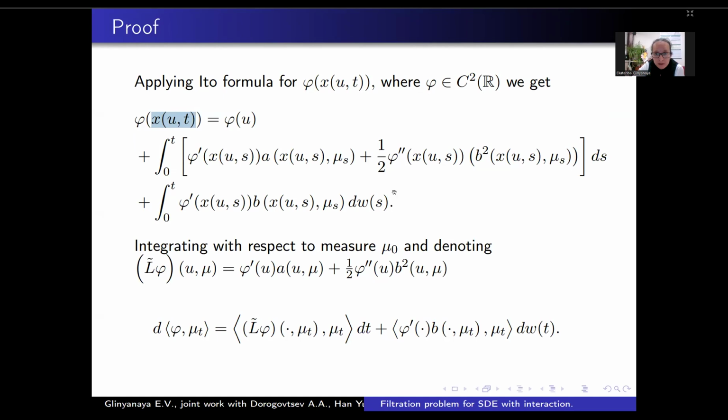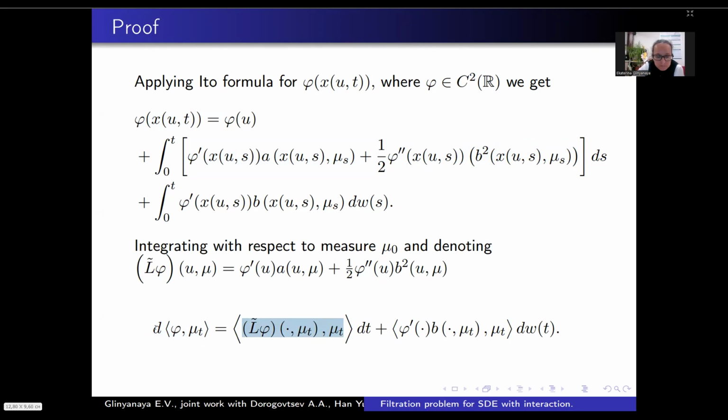Applying the Ito formula and then integrating this equation, both parts, with respect to mu zero, we can get the differential of the integral of phi with respect to mu t. Here I denote by L tilde this part, and just a simple notation will give us what you saw in the statement.